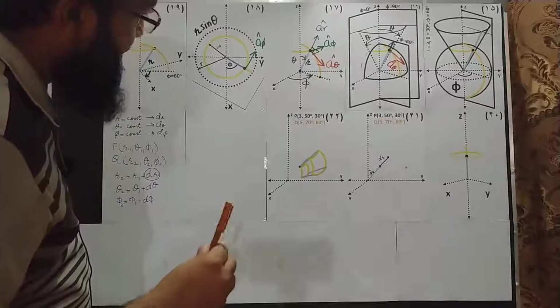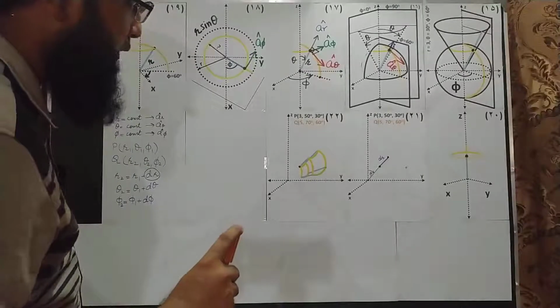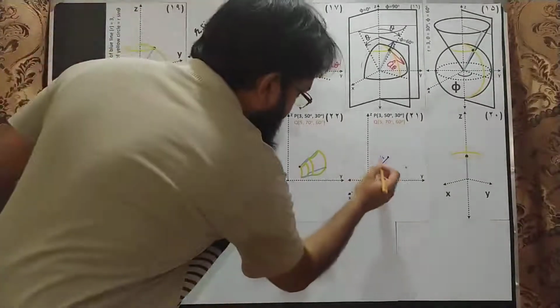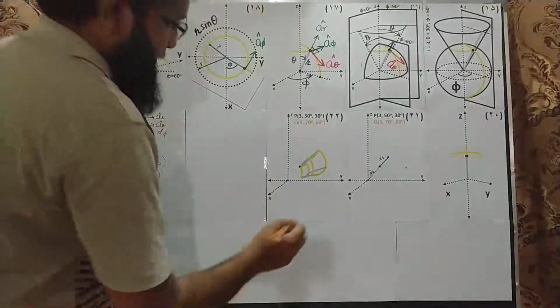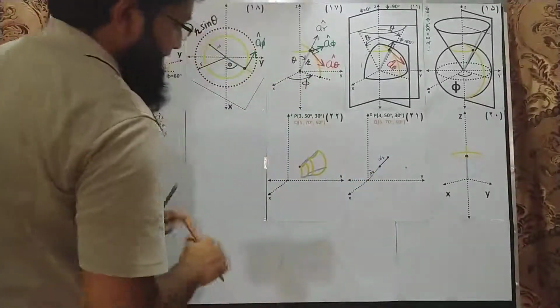And also it would lie on the same cone, which is making an angle theta 1 with respect to the z-axis. So obviously this is an extension of the same line.